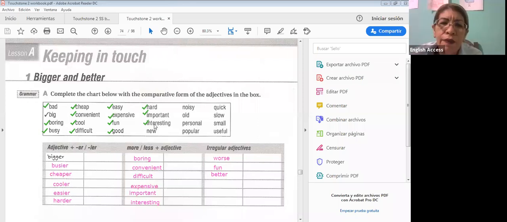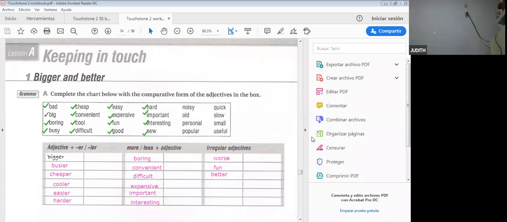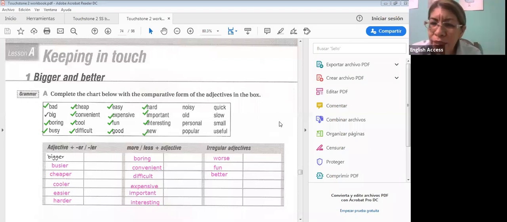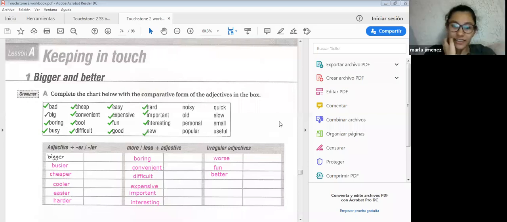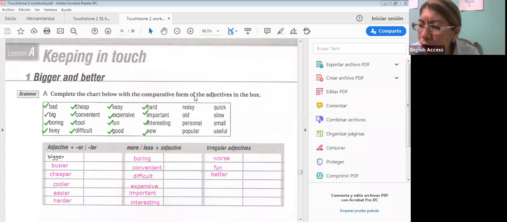Okay. Have new. Irregular adjective. How do you say that? Irregular adjective. What do you have, Aiden, Julio, for new?